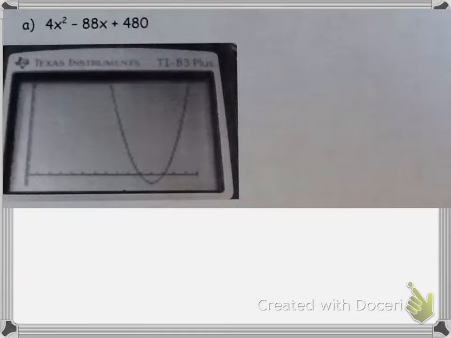Okay, so we can count 1, 2, 3, 4, 5, 6, 7, 8, 9, 10, 11, 12. I was just checking to make sure I'm counting correctly, that I was counting by ones. So this point here is (10, 0), and this point here is (12, 0).